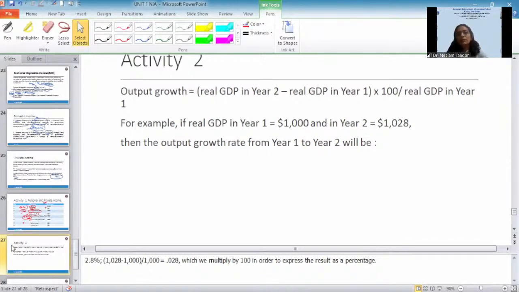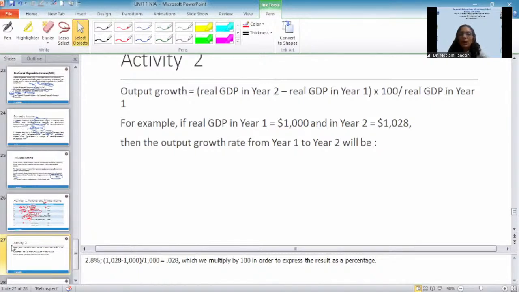So real GDP of the current year, 2022, minus real GDP of 2021, divided by real GDP of 2021. This is how you calculate growth rate. So you can find out the real GDP growth rate, how it has changed. If this is in USD terms, and it goes from $1,000 to $1,028, how much is the output growth rate?